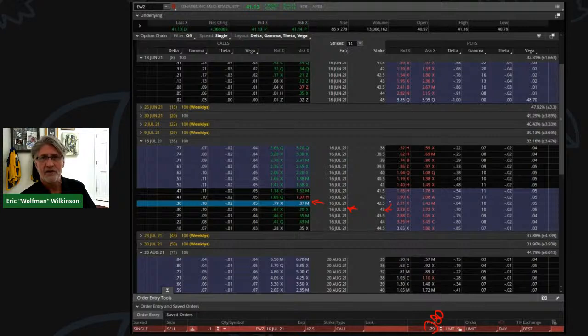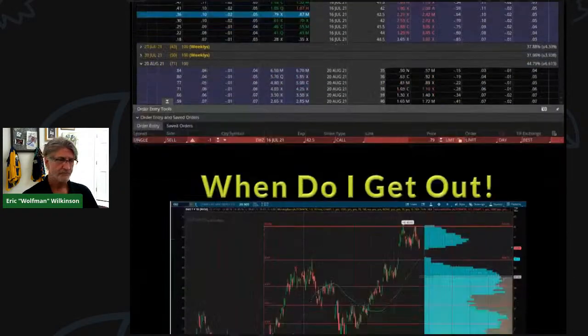I would rather personally, especially on a very bearish assumption, do the short call versus the call spread for these very reasons. My break even's higher on the short call, right? My probabilities of success are much higher. Yes, I do have unlimited risk to the upside, but I also have higher profit potential if this starts rolling over. I can get out quicker too. I'll show you that, as a matter of fact, here in a moment.